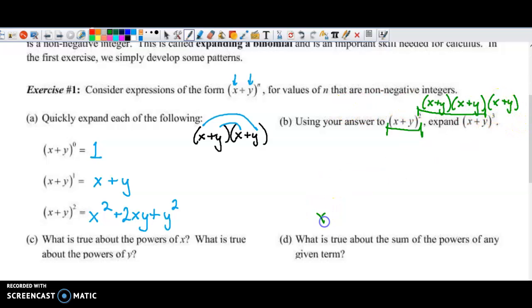I'm just going to show you the answer, that x plus y cubed is equal to x cubed plus 3x squared y plus 3xy squared, and then plus y cubed.